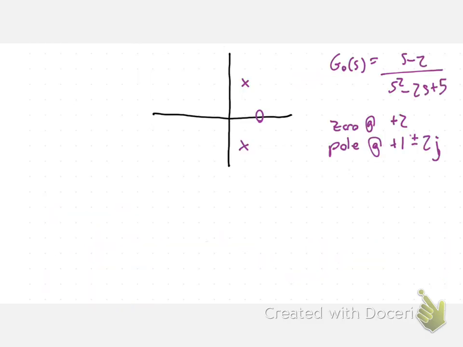So if we place this G0(s) into MATLAB, we're going to see that our open loop system has a 0 at +2 and complex conjugate poles in the right-hand plane. So it starts out as an unstable system when mu is equal to 0.